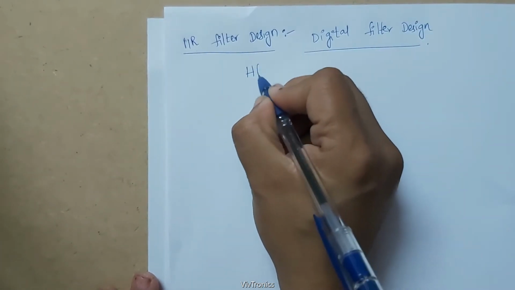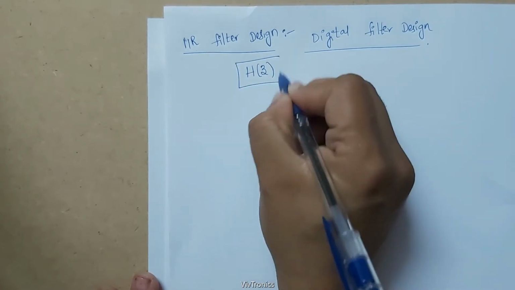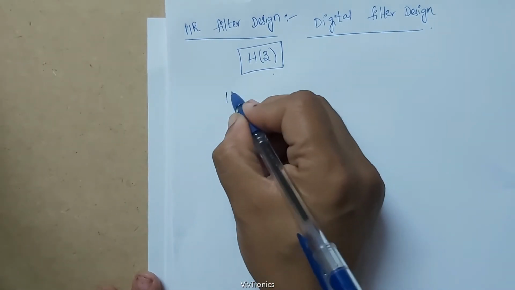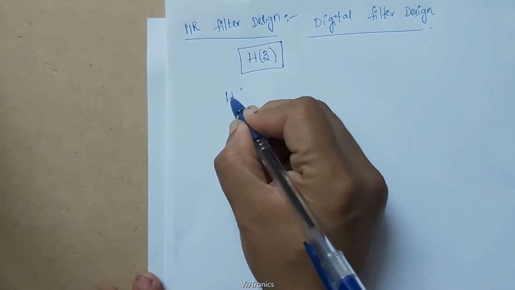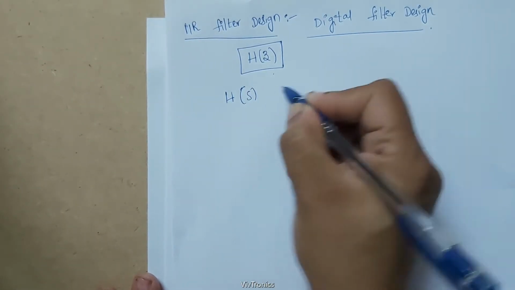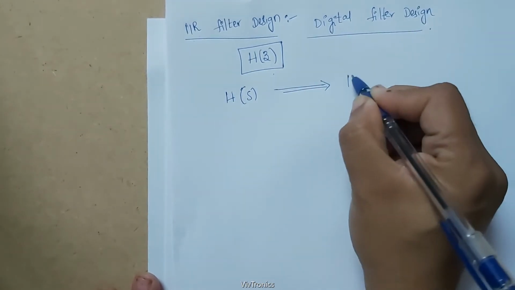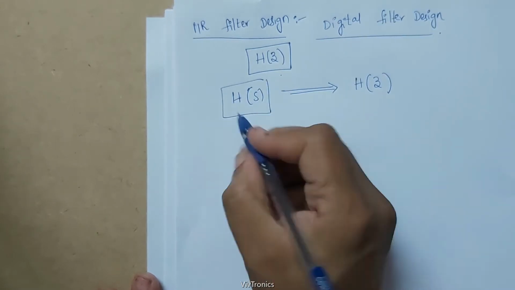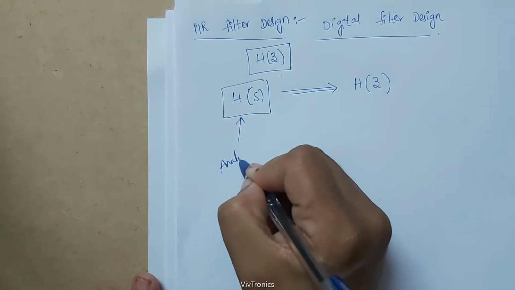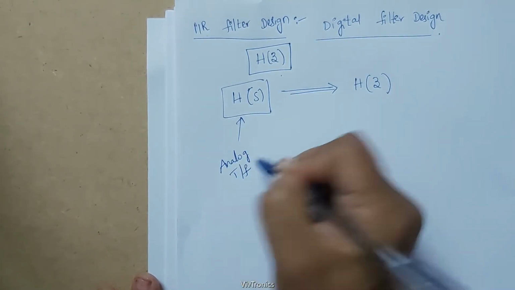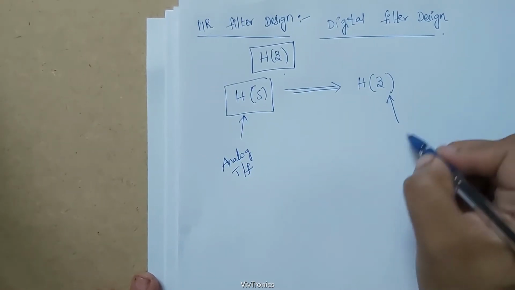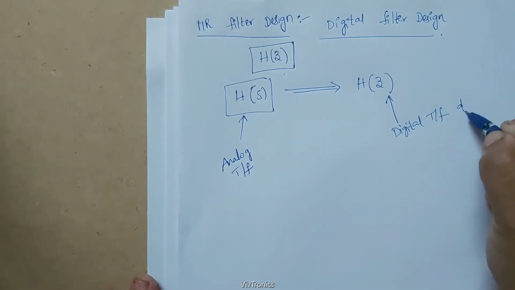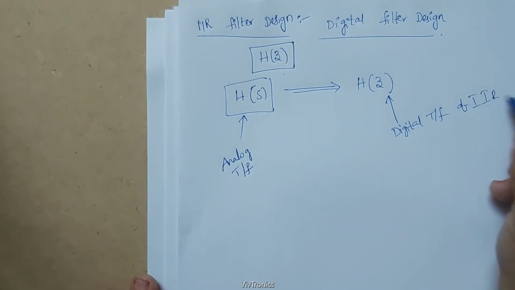So we want to get H of Z. There is only one way to get H of Z: we have to go from the analog transfer function H of S to H of Z. This H of S is the analog transfer function and this H of Z is the digital transfer function of IIR filters.